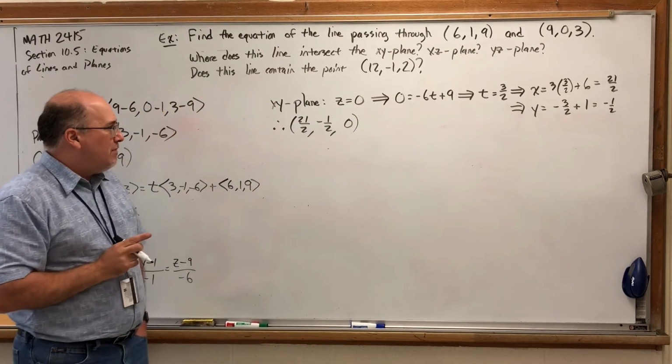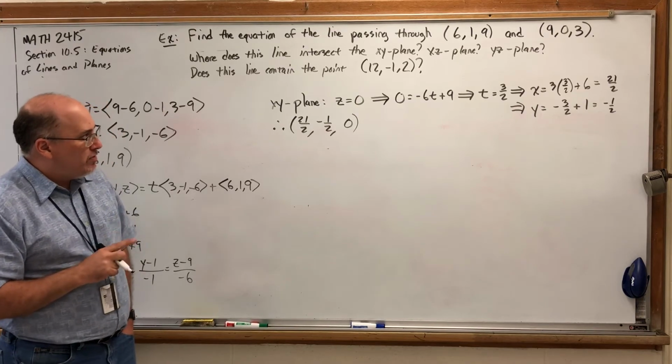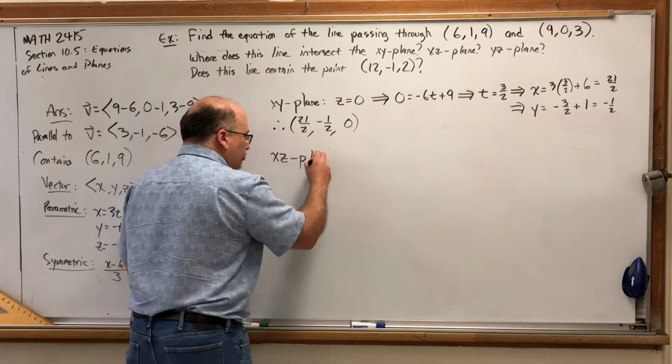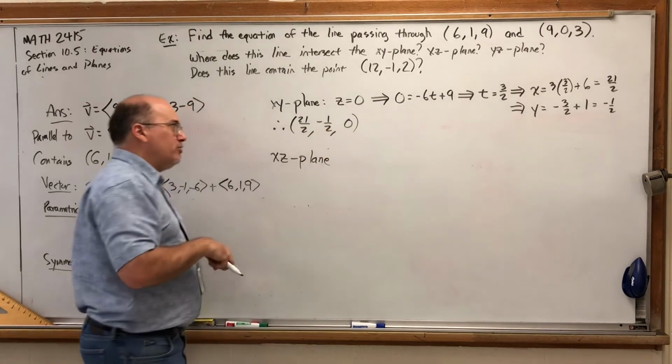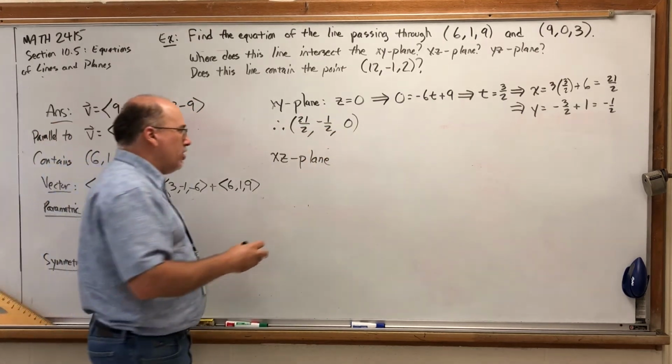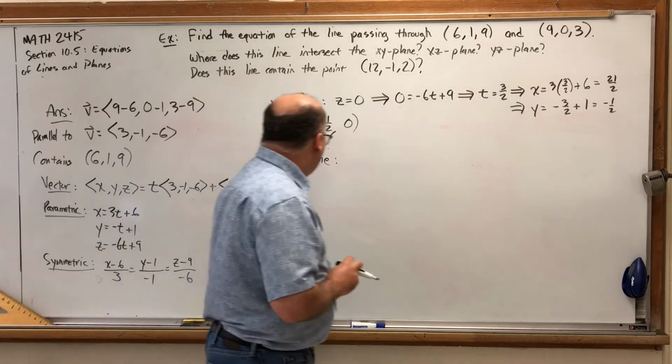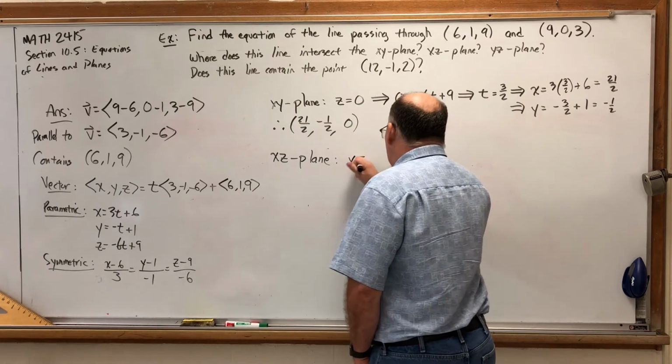For the sake of time, I'm not going to calculate the other two, but I will tell you what their answers are. And I invite you to try to follow the same train of thought. You just start with a different variable equal to 0. For the xy plane, if you did the same song and dance, you would start with y equals 0.